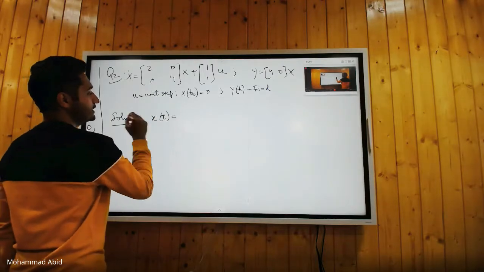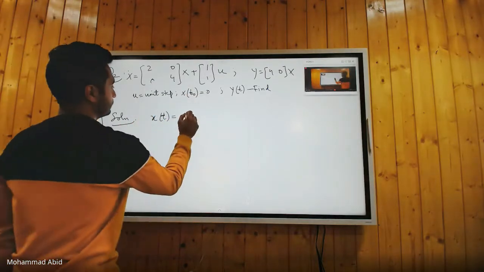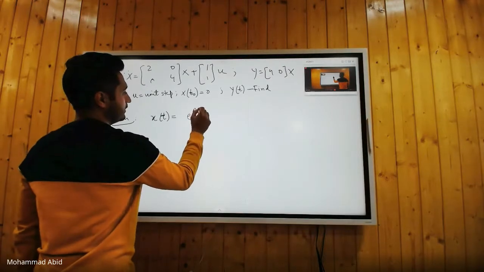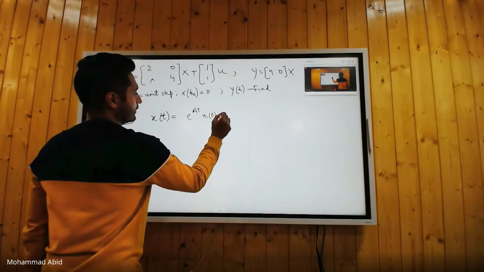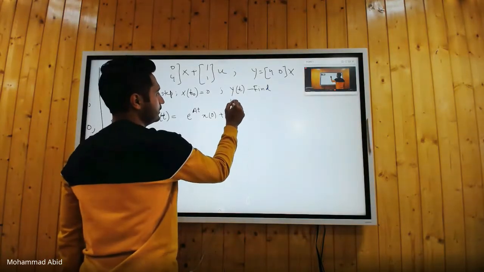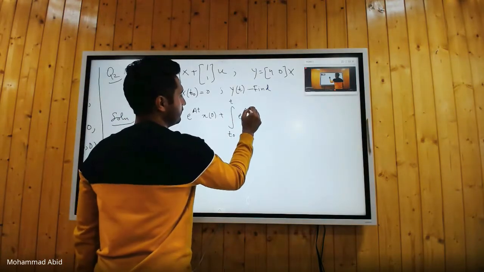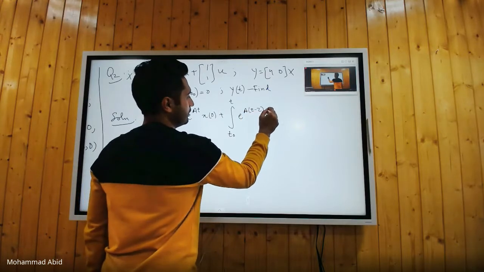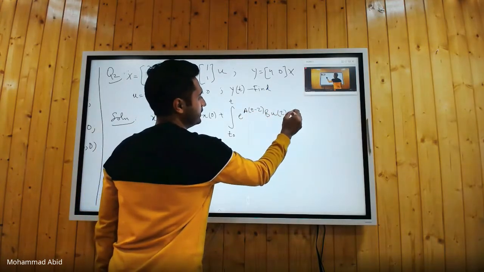What's the solution of this state space equation? You have done it quite a few times. It is e to the power A(t minus t0) x(t0), plus the integral from t0 to t of e to the power A(t minus tau) B u(tau) d tau, isn't it?